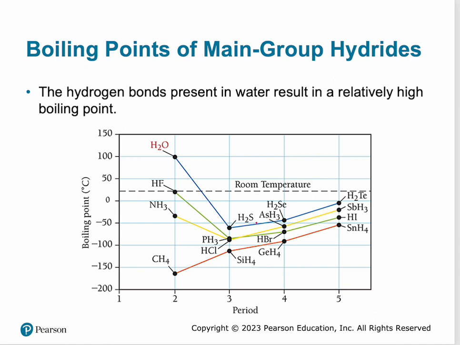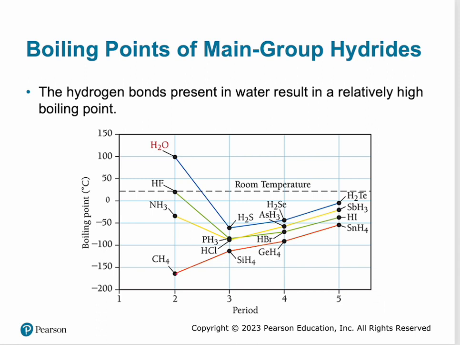And as the molecule gets bigger and bigger, you can see the boiling point goes a little bit higher. And we talked about HF in the past, and ammonia and methane. Because there is no hydrogen bonding in methane, it has a very low boiling point.